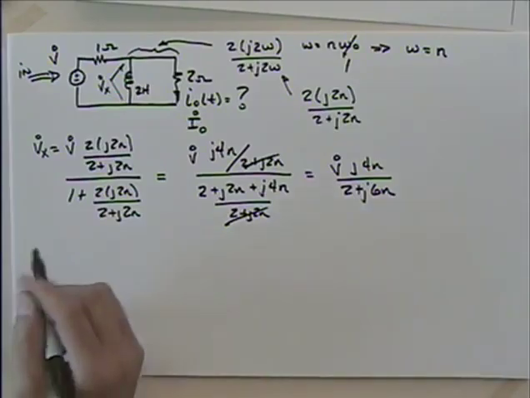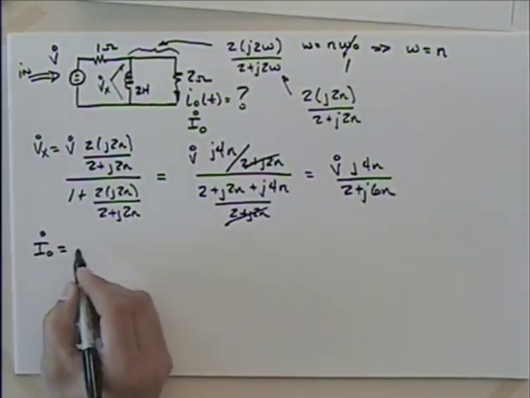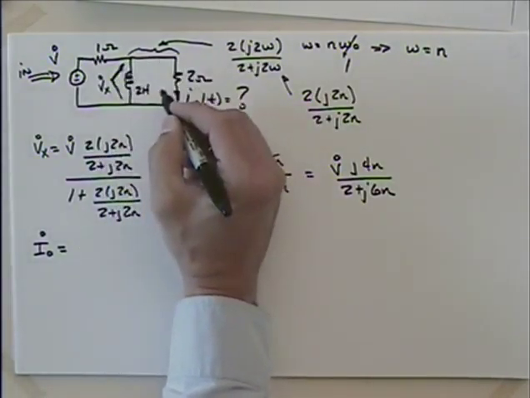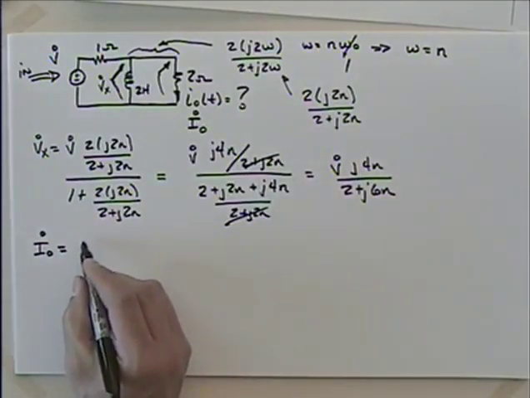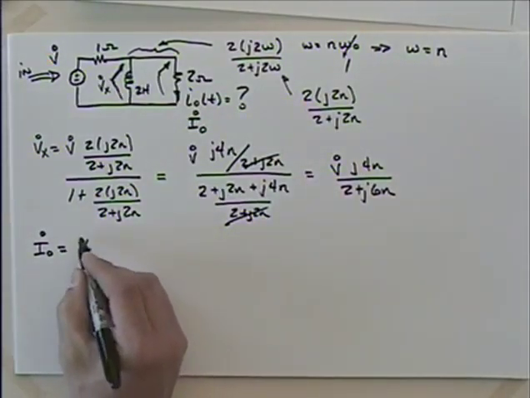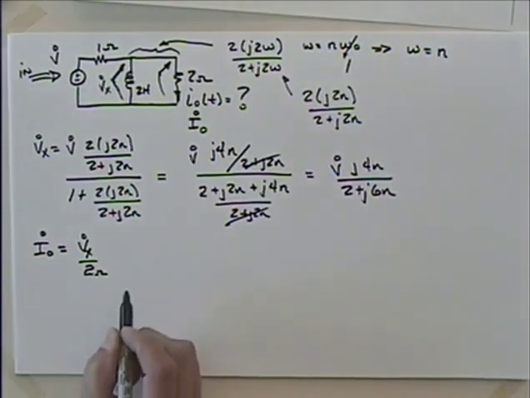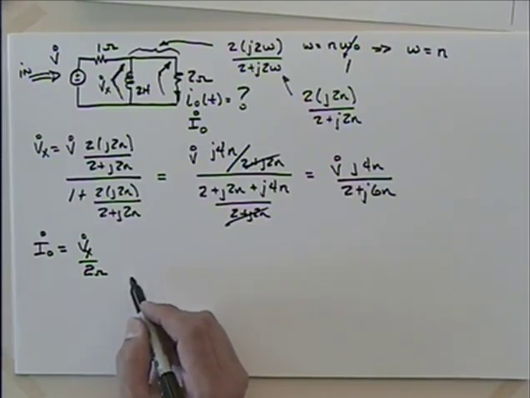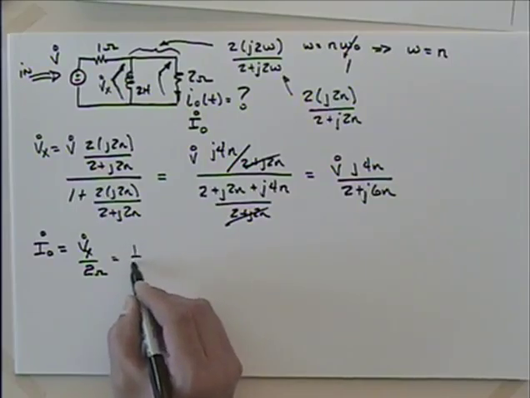So what's I naught? I naught should be equal to, if this is Vx here, we know from very early on that that's also Vx there. So I can just take Vx and divide it by 2 ohms, right? So I have then 1/2.